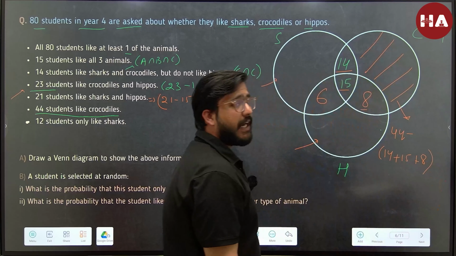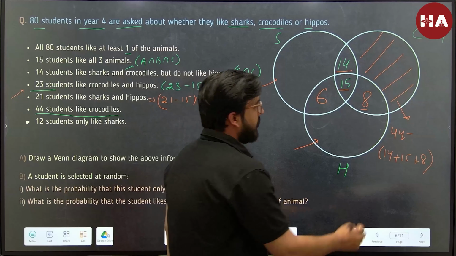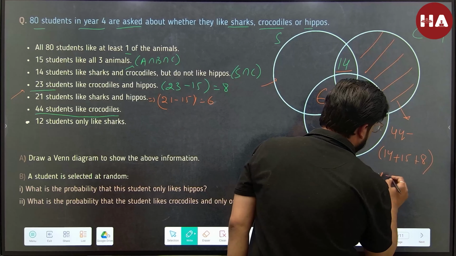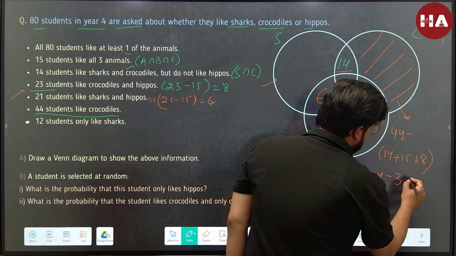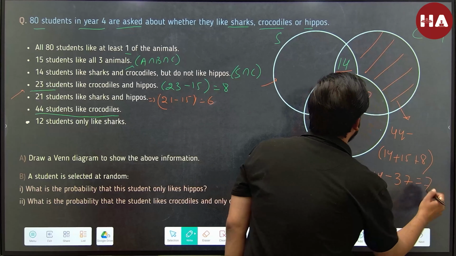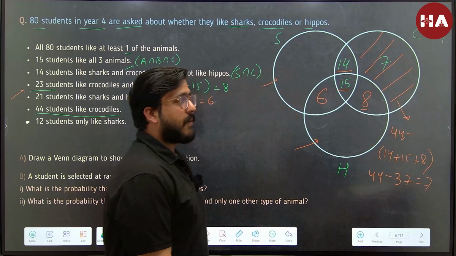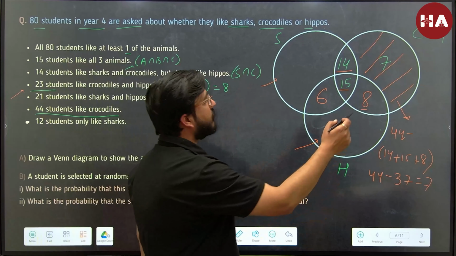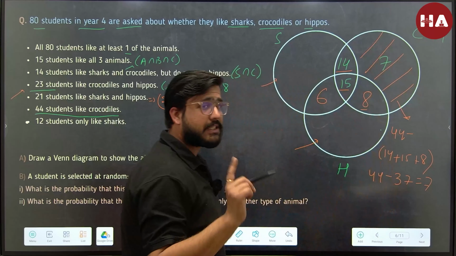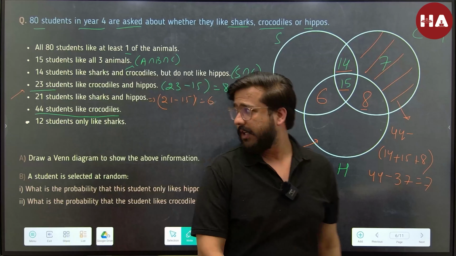So this will be 44 minus 37, and the answer comes to 7. The number of students who like only crocodiles is 7. Now moving on to the next statement.